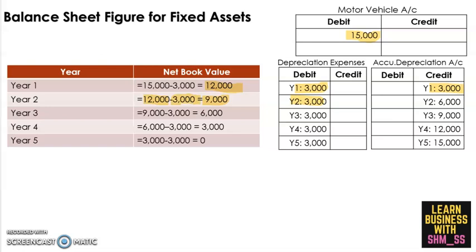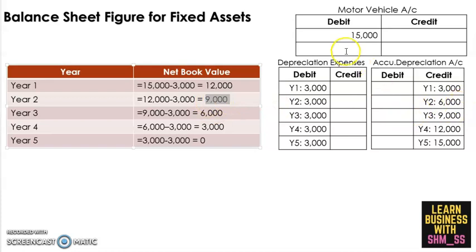In other words, we can also directly deduct the accumulated depreciation. That is the real way, but for explanation purposes, I am doing it in this way. Normally, we take the cost, which is 15,000, minus 3,000, so we get 12,000. Again at year 2, we take 15,000 minus 6,000, and we get 9,000.